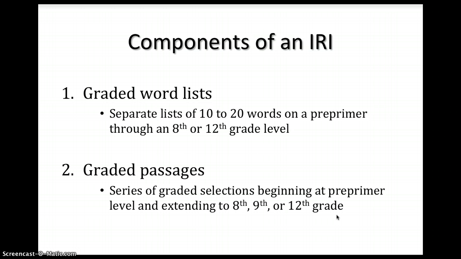You might have heard of that before. It's spelled D-O-L-C-H. It's a set of word lists. You can Google it and typically find the actual lists online. The graded passages are a series of text selections that you're going to grade after the student reads them aloud. These begin at the pre-primer level and go up through higher grades as well.